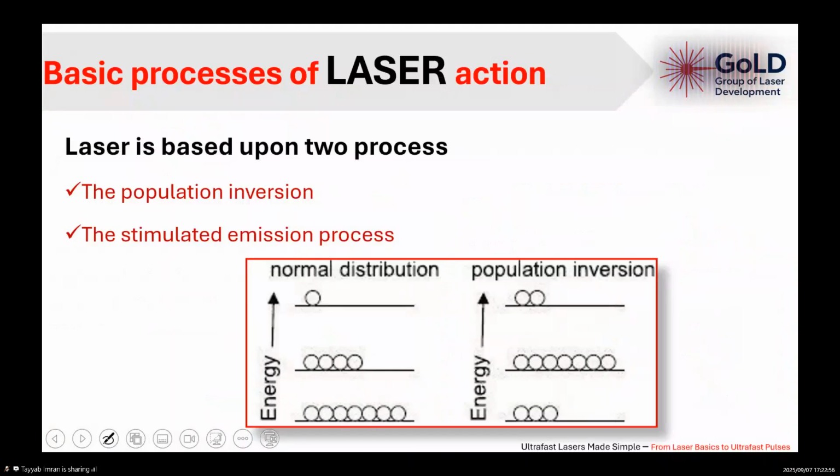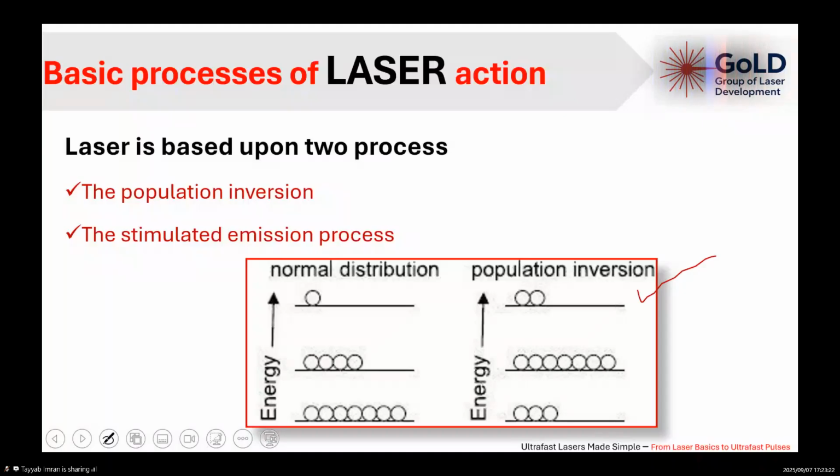of laser action, actually, what we need to have is population inversion. What is population inversion? You can clearly see here in this figure. So we need to have a population inversion and we need to have a stimulated emission. Okay.